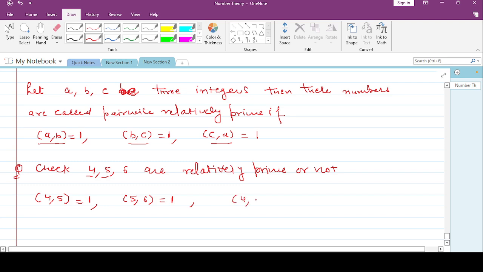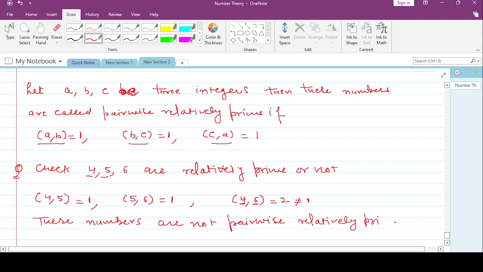But if I take the GCD of 4 and 6, 4 is 2 into 2 and 6 is 2 into 3. So what is the common factor? It is 2, and it is not equal to 1. So the GCD of 4 comma 6 is not equal to 1. So it means that these numbers are not pairwise relatively prime numbers.